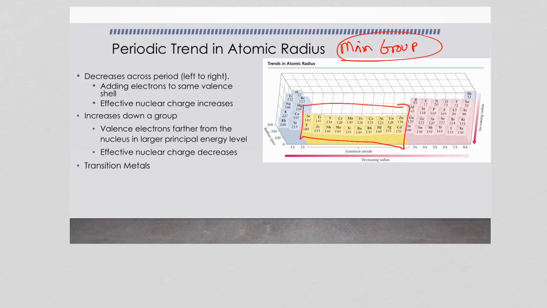As you go across, you're adding electrons, one electron each element, but you're adding it into the same valence shell. So adding electrons into the same shell doesn't increase shielding.